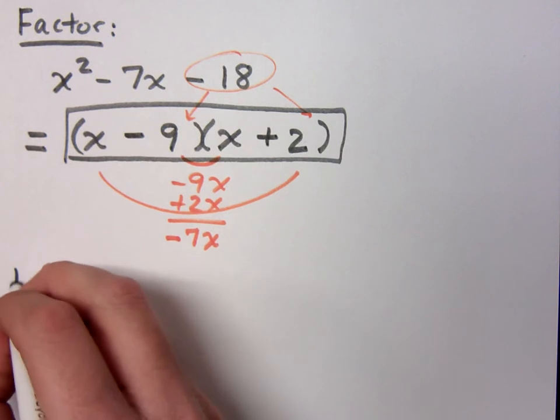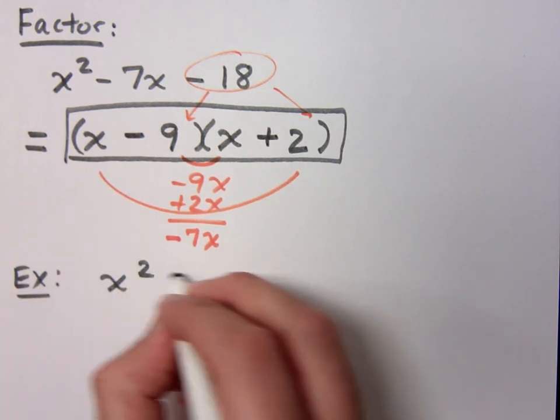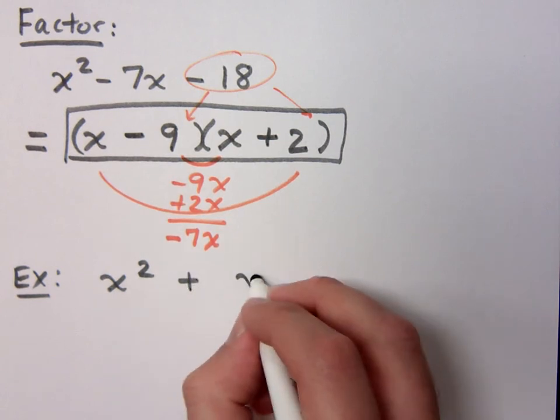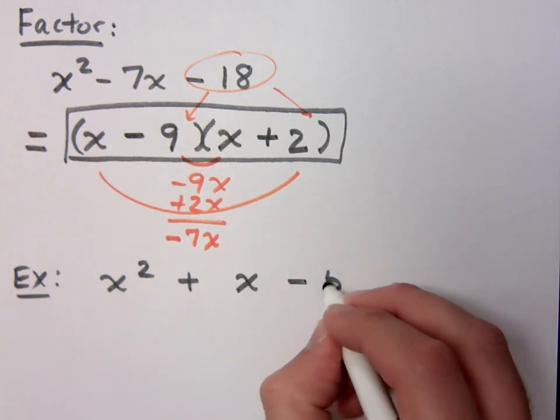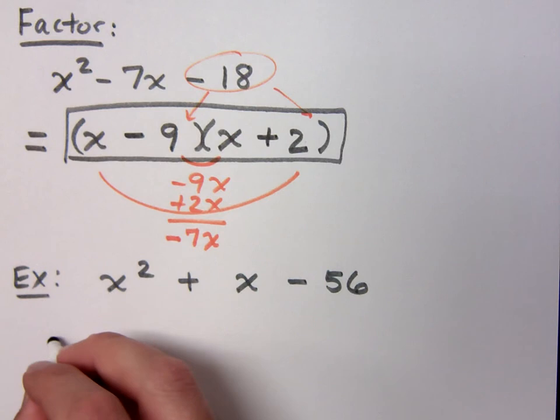Okay. Let's try another one. x squared plus x minus 56. Is there a common factor to take out of everybody?